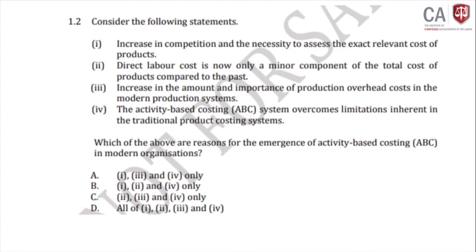Similarly, absorption costing had many limitations, and it was more suitable for mass production, and if your production processes are quite simpler, and if the resource consumption is quite similar between different departments, absorption costing could handle it.